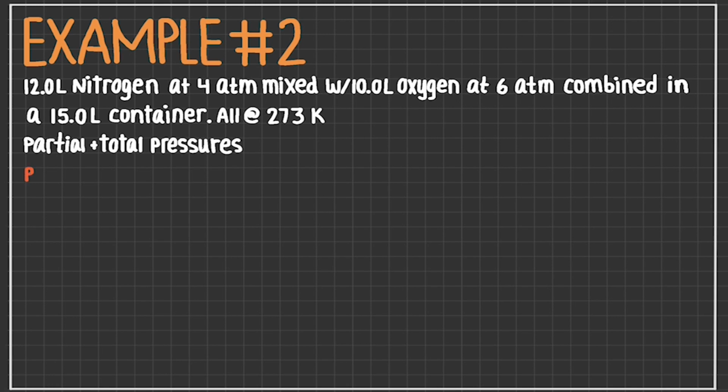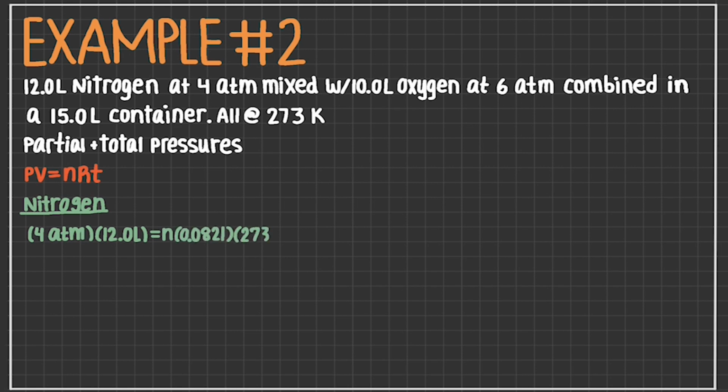We can use the ideal gas law, pressure times volume equals moles times gas constant times temperature, to calculate how many moles of each gas is present. For nitrogen, we fill in 4 atm times 12.0 liters equals n times 0.0821 times the temperature of 273 Kelvin.